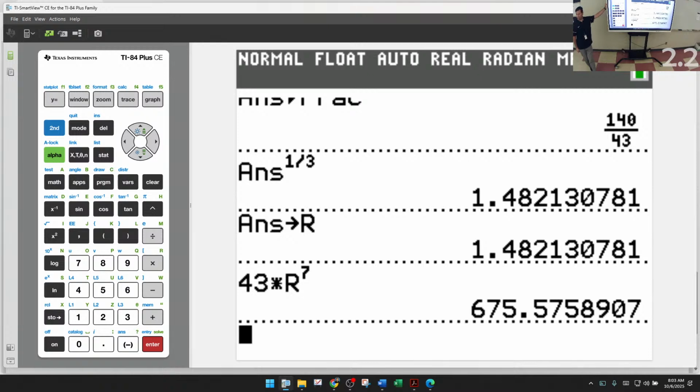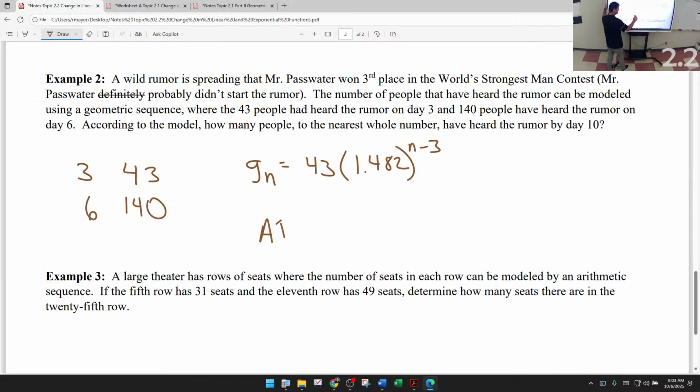Oh, yeah, that's probably right. 676. Beautiful. About 676 people, to the nearest whole number, have heard the rumor by day 10. If that was a test, you might say about 676 heard the rumor by day 10.